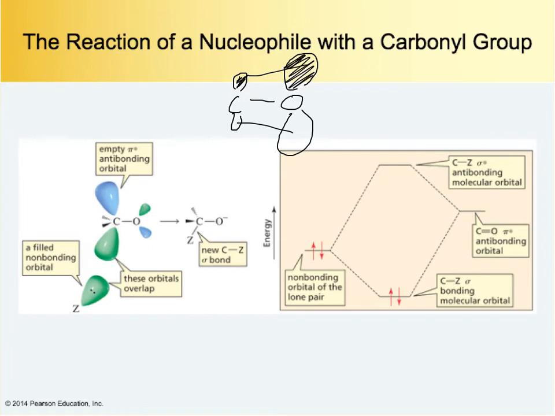Most electrons in the pi bond are over by the oxygen. So if we start looking down here at pi star, guess what? Where's the bigger lobe now? Now the bigger lobe, of course, is by the delta plus carbon. If I want to break a pi bond, I need to put electrons in its pi star. And so here comes the nucleophile attacking the pi star. As they put electrons in that pi star, what happens to the pi bond? It, of course, breaks. So that's what they're trying to highlight here.